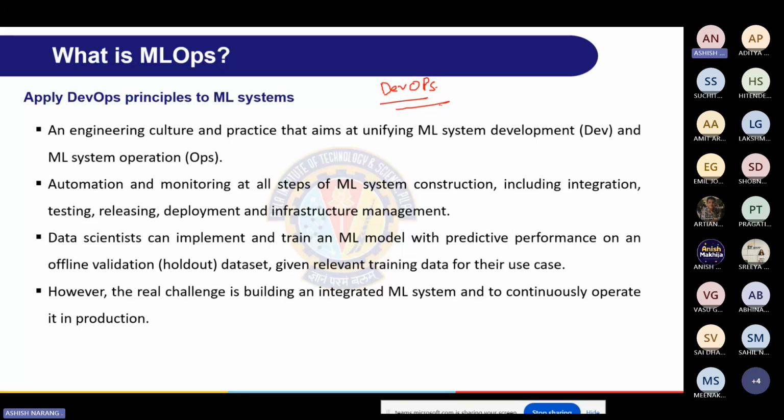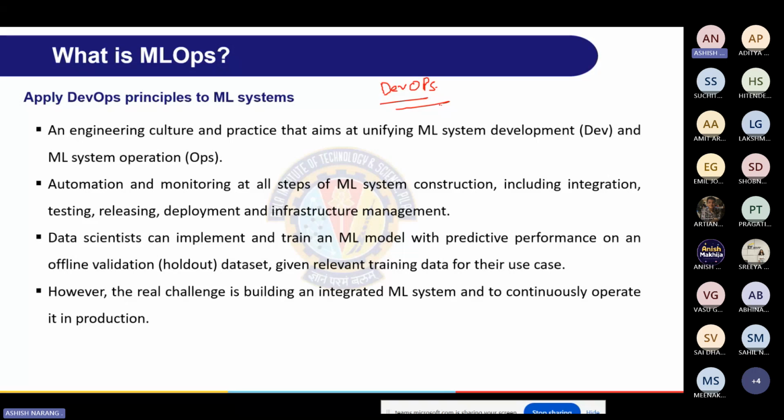Now, when it comes to machine learning projects, they also go through a life cycle, right? The life cycle of a machine learning project is a little different. So maybe you start with the data collection, then pre-processing, and under pre-processing, feature engineering is also covered, that's one other part. Then model training, then testing, and then deployment, and then monitoring it. So this is what the typical life cycle of an ML project is.